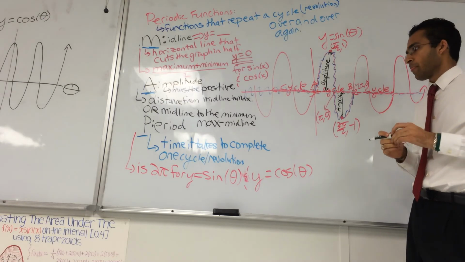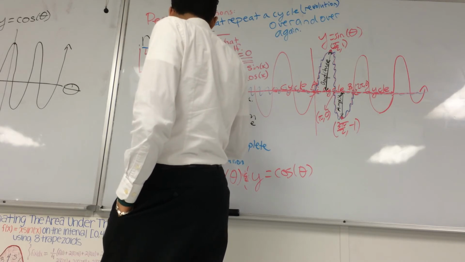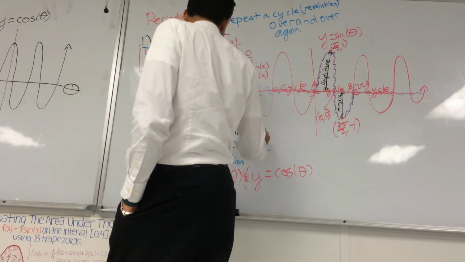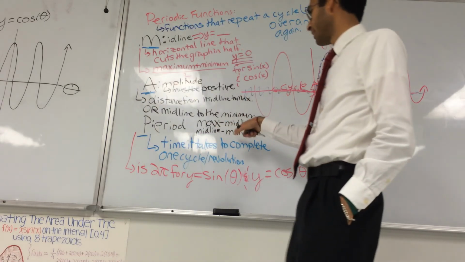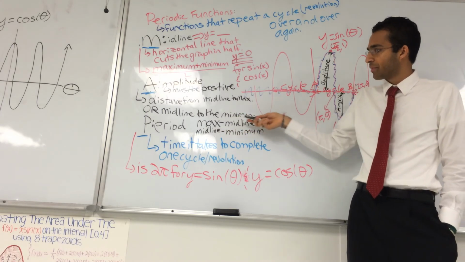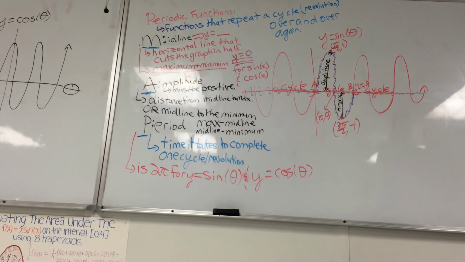Since they're both the same? Yeah, so we would say midline minus minimum so that we can make it be a positive number. Does that work, Abel? Yeah. But yes, absolutely right. Very good. Midline minus minimum. Either of these formulas work. Most times, I will use this one because the maximum is usually a positive number. I prefer to do it with positive numbers. But you can use either. It's fine. All right. Questions?